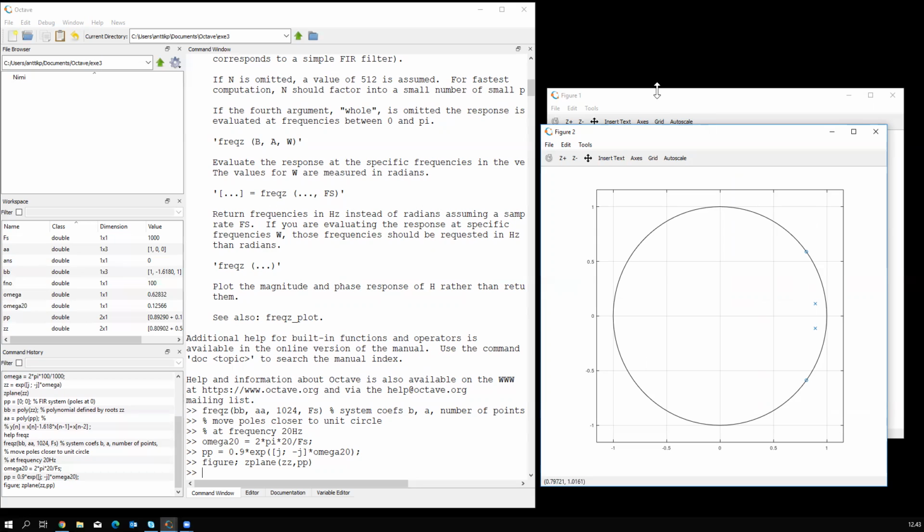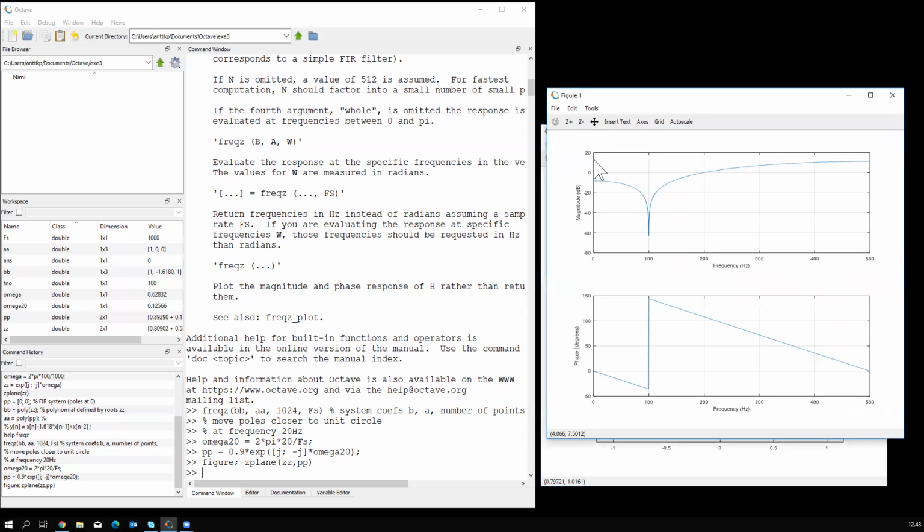So we are supposed to get quite a lot of dBs of amplification near DC, and the corresponding system coefficients.